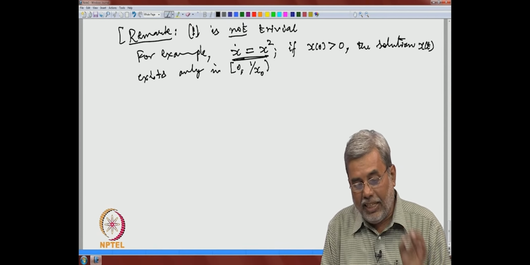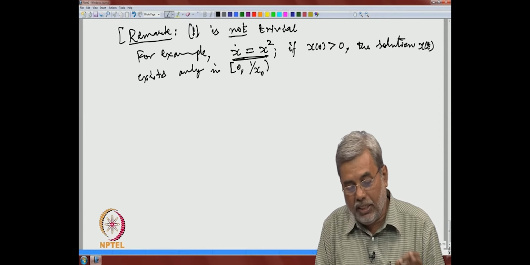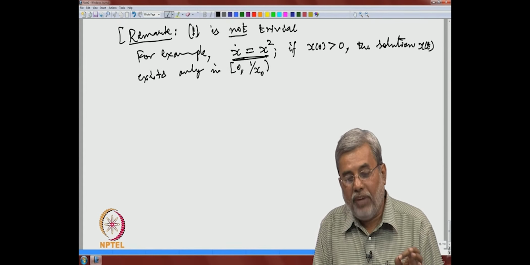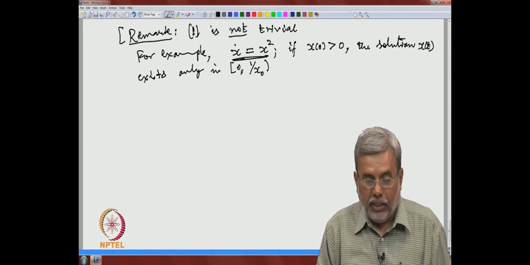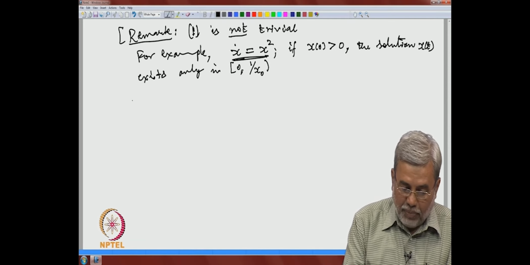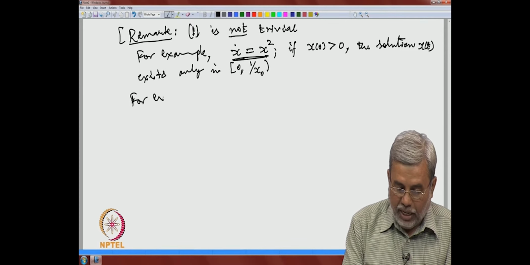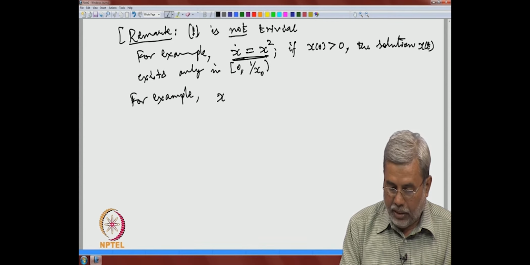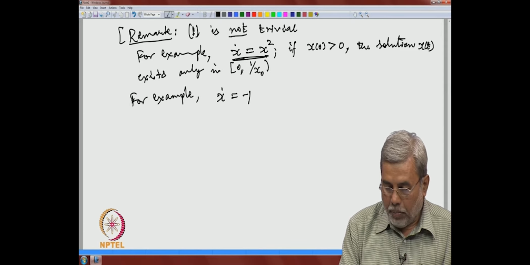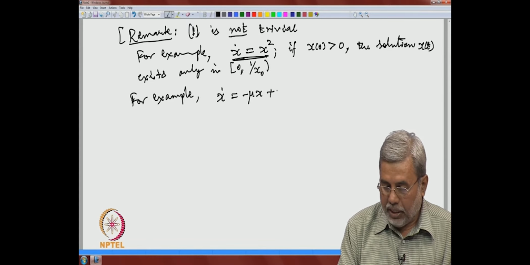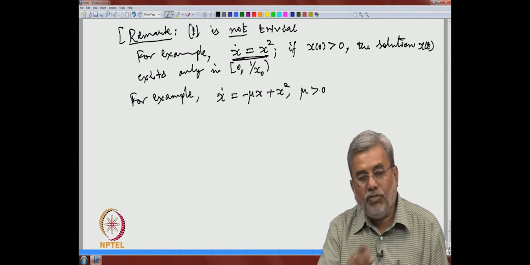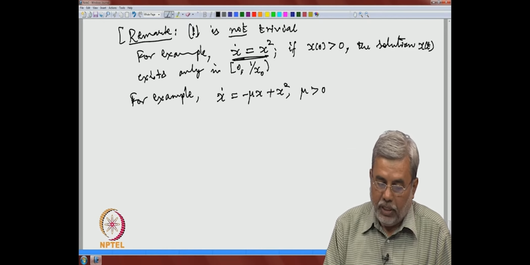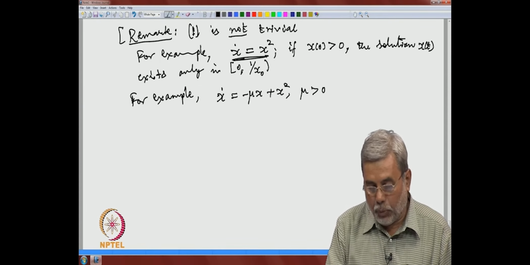So, that A part, the hypothesis on the eigenvalues of A plays a crucial role in order to prove claim 1. For example, if I want to compare this example with star, I take x dot equal to minus mu x plus x square, and I take now mu positive. So, this is similar to star equation in 1D.